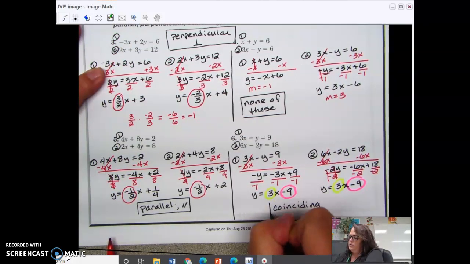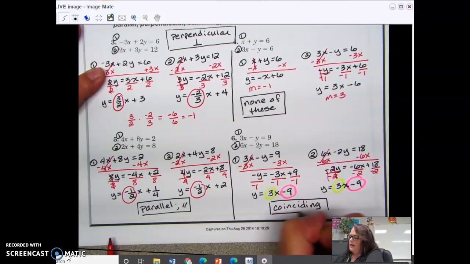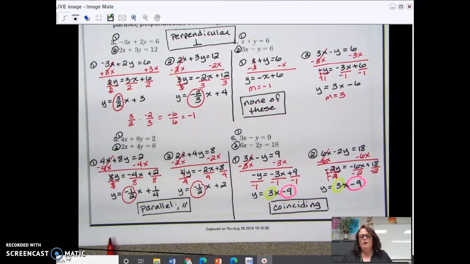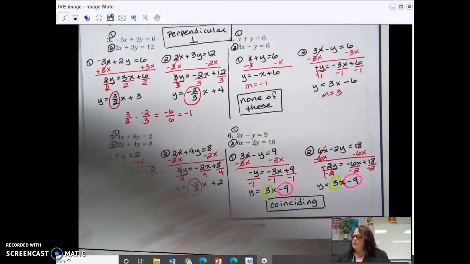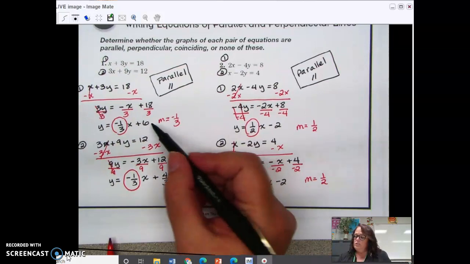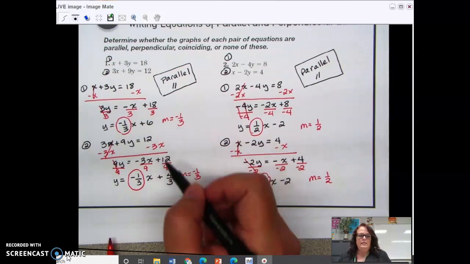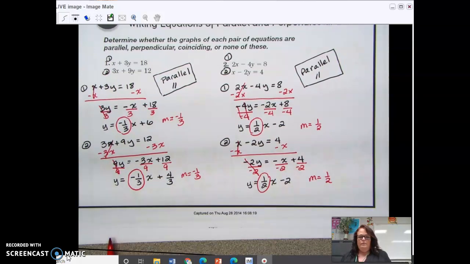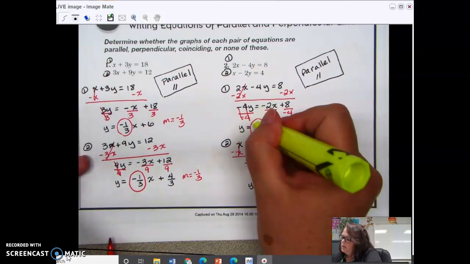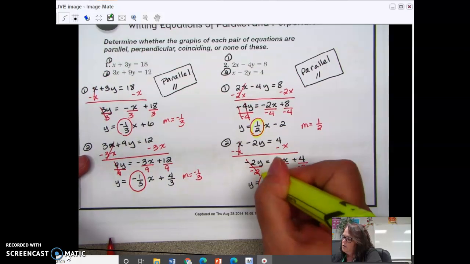Now, as I was doing this, I noticed that I made an error on question number 2. So if you want to take a look at this one a little bit longer, pause your video. And then coming back to question number 2, if you notice in question number 1, the y-intercept was 6 and 4/3. So that is truly parallel. But if we take a look at question number 2, this slope was 1/2 and this slope was 1/2.